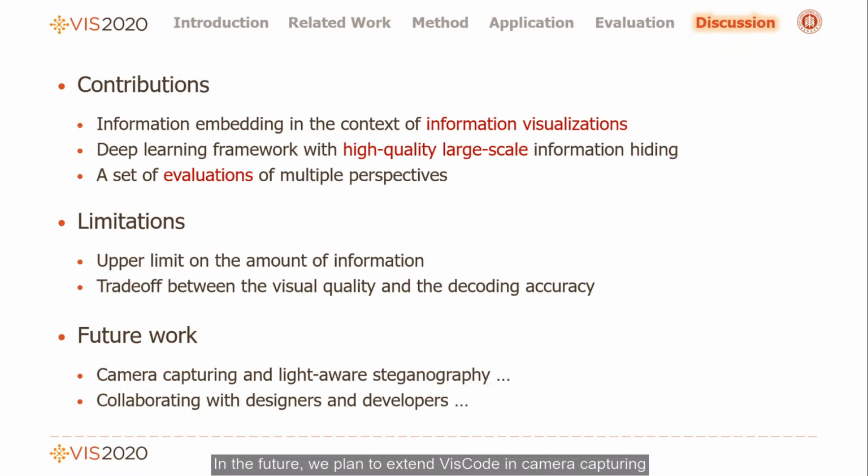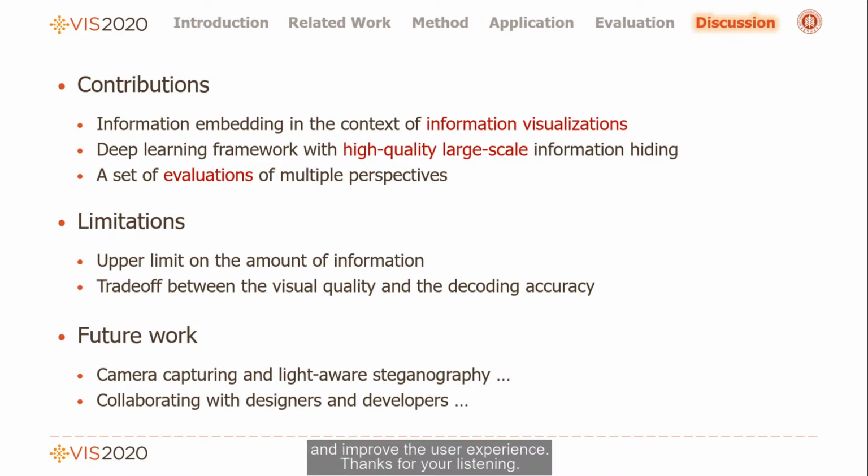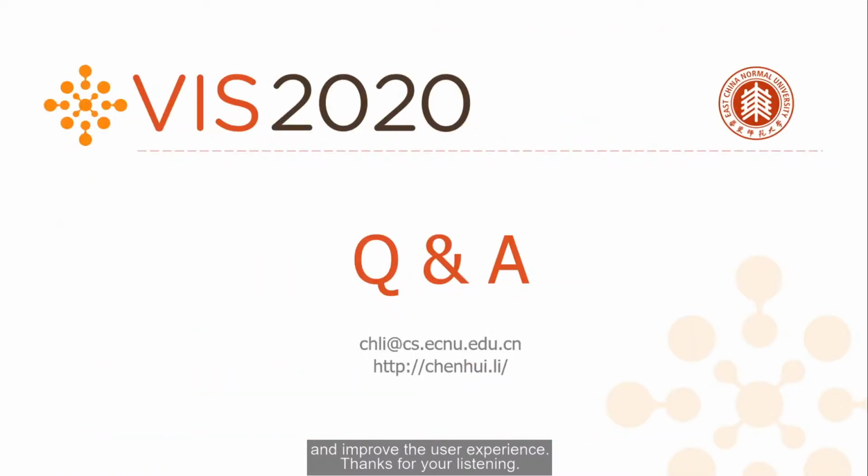In the future, we plan to extend VIS code to camera capturing and light-aware steganography. We also plan to collaborate with designers and developers to obtain feedback and improve the user experience. Thanks for listening.